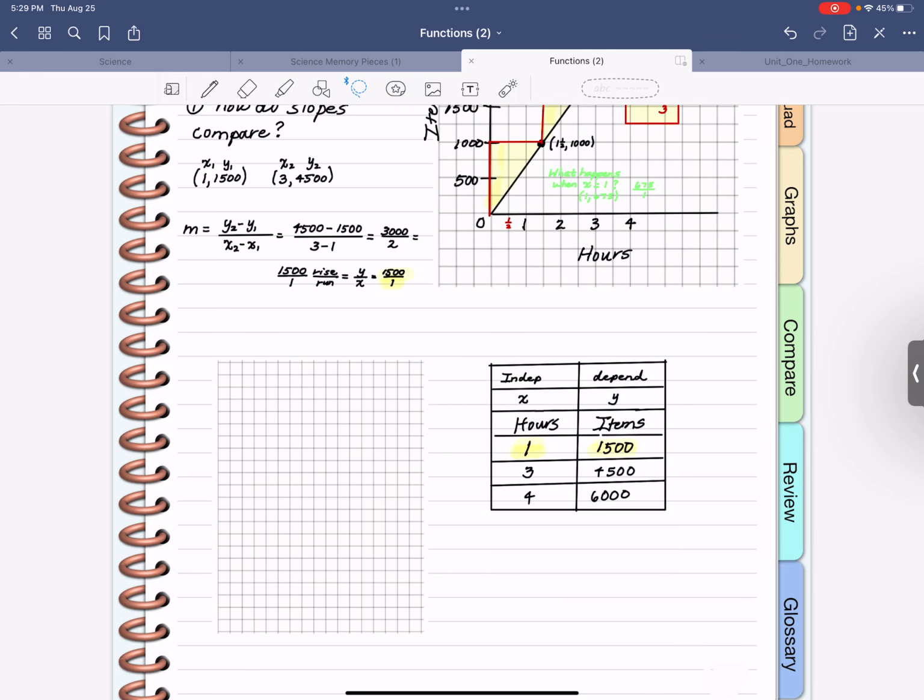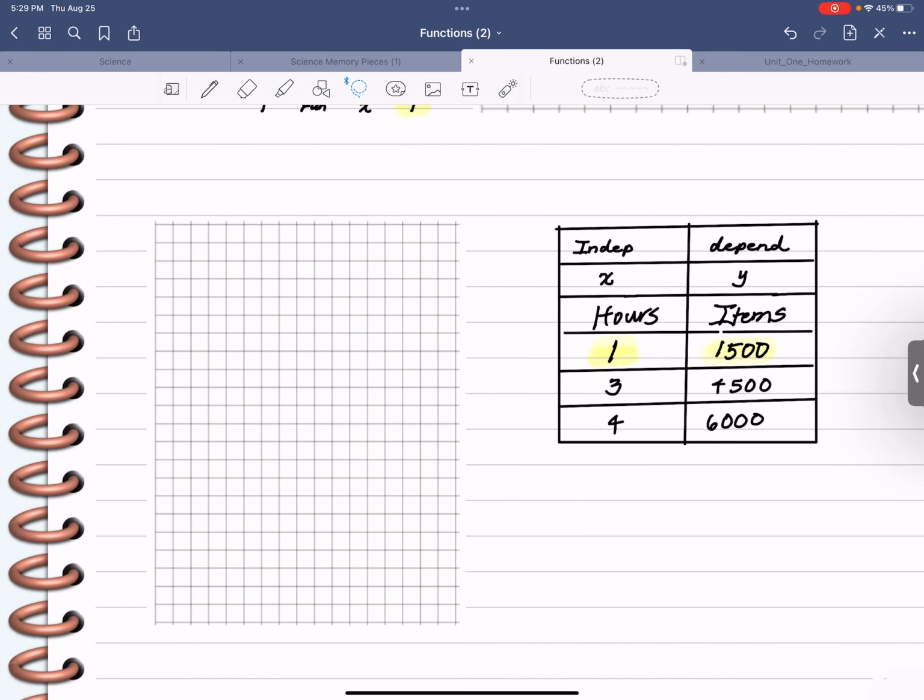All right, so the independent variable, that is the x axis, is going to be hours. And we have 1 hour.